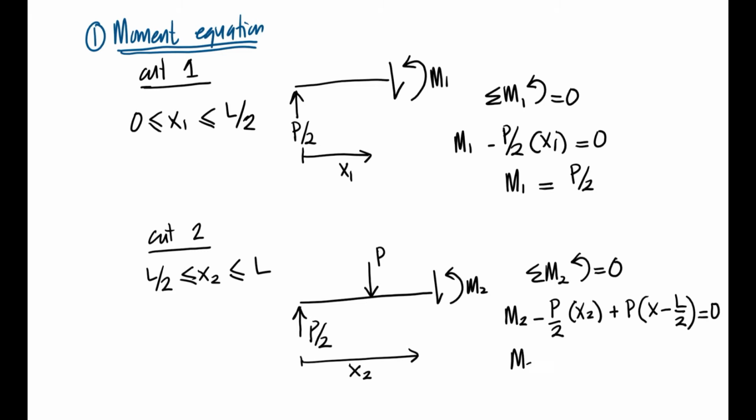So therefore, your equation is M2 equals negative P over 2 x2 plus PL over 2.